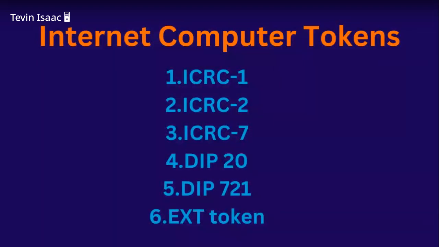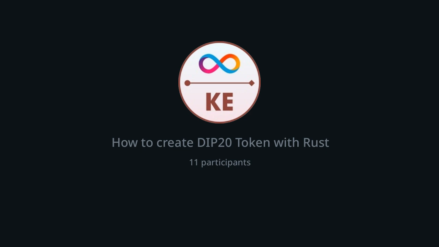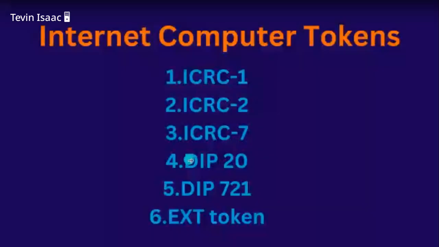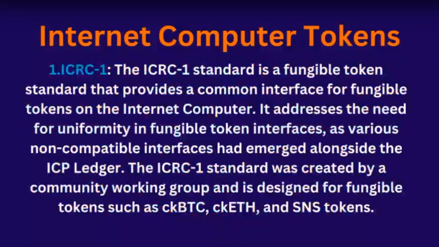But in our token series, it doesn't mean that we can't tackle other types of tokens. Today we're going to tackle number 4 in this list, the DIP20 type of token. We defined what an ICRC1 token is.